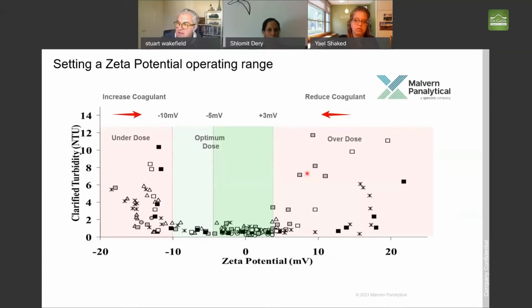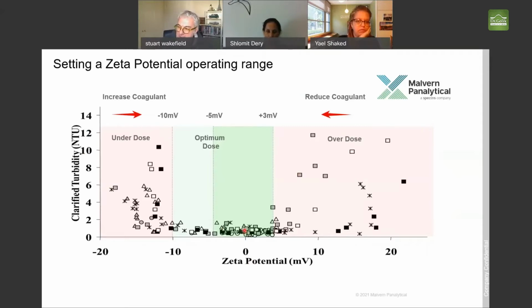So if we look at setting an operating range, here we've got turbidity on this axis, and zeta potential on this axis. So we can see that at 0 millivolts, we have the maximum, if you like, clarity from a turbidity perspective, and we know that all our material is going to be flocculated here.